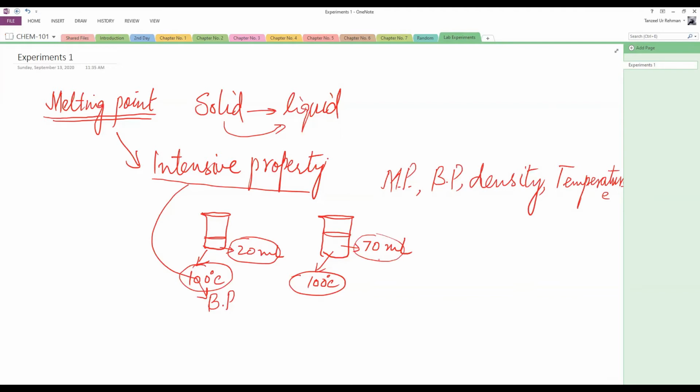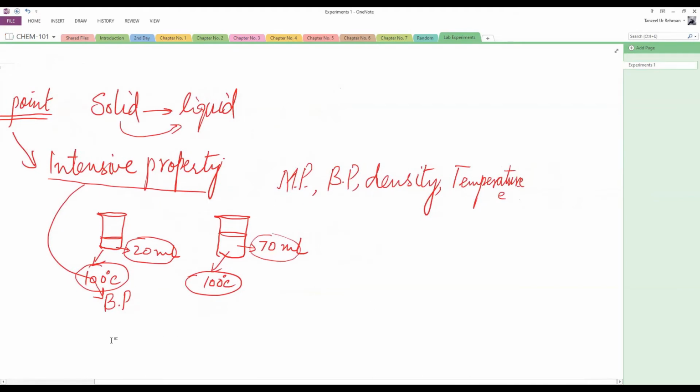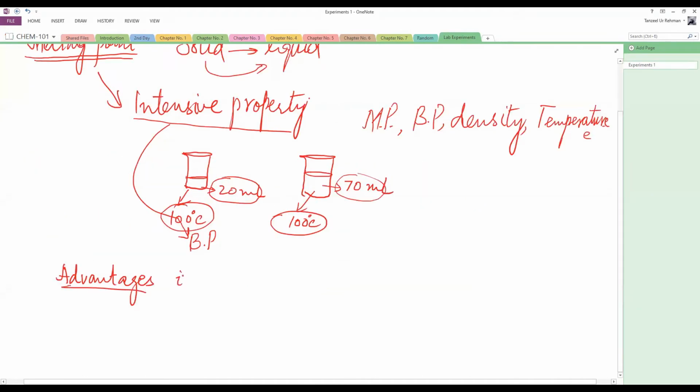There are two advantages of melting point. What are those? Number one, melting point helps us to identify an unknown sample. So, identification of an unknown sample.